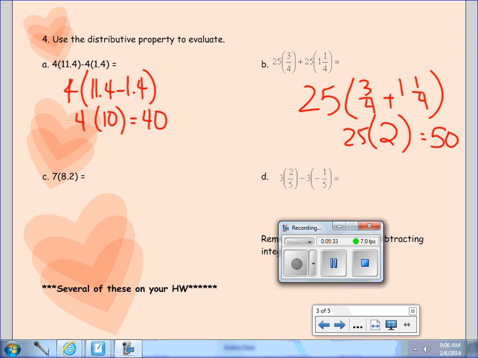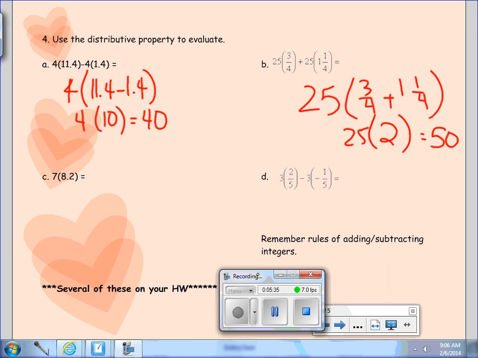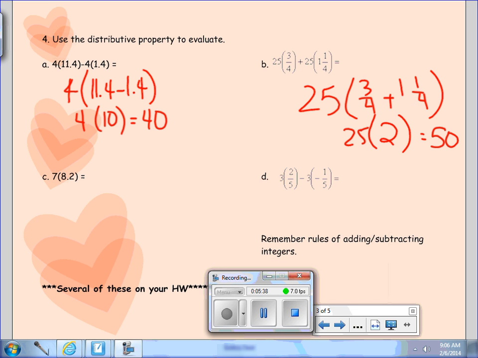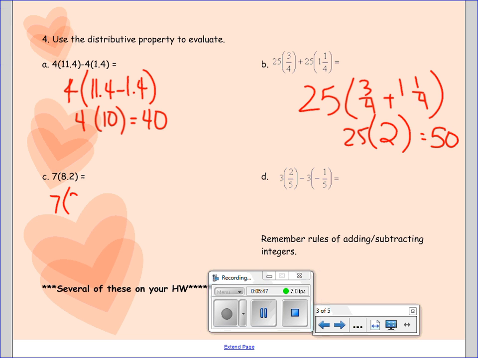Now, another good example of how to simplify a problem would be in C. We're going to distribute 7 to 8 2/10. So we're going to do 7 times 8 plus 7 times 2/10. 7 times 8 is 56 plus 7 times 2 is 14, but notice it's not 2, it's 2/10, so we're going to put a decimal there.